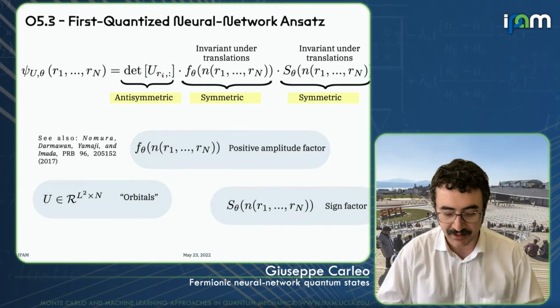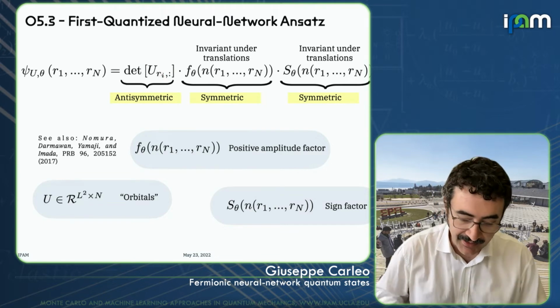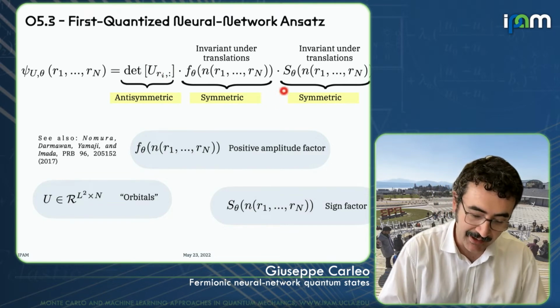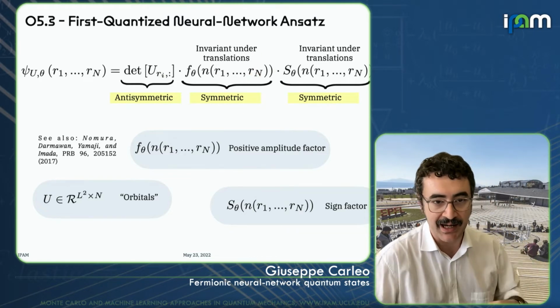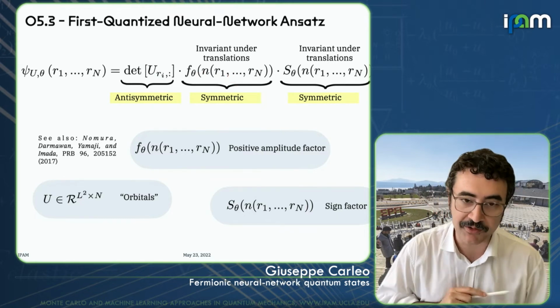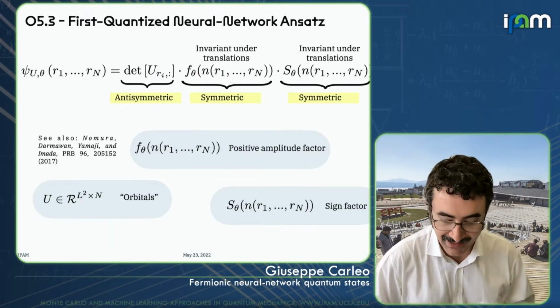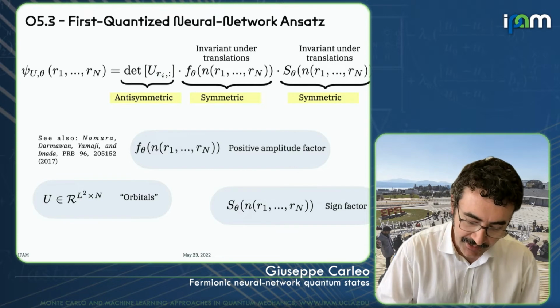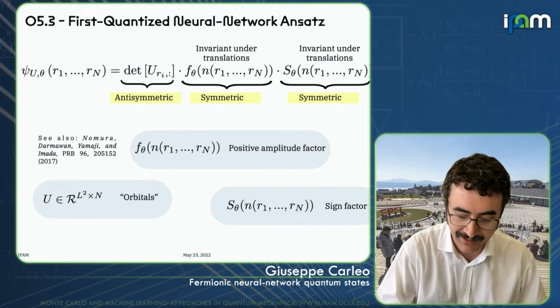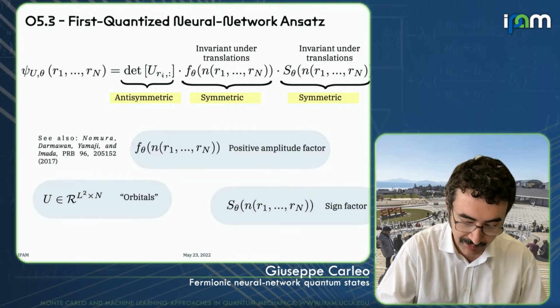So the idea is that you take a determinant of some orbitals that you keep as free parameters, and then you multiply everything by a symmetric function that you can make also invariant under translation. Symmetric means that it depends now only on the occupation number. So this is easy to do on a lattice. This can be taken to be, for example, positive.